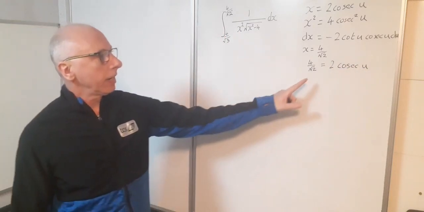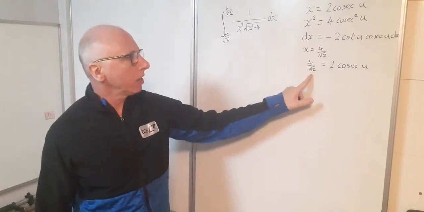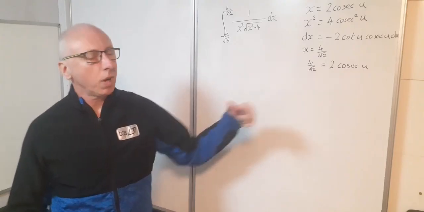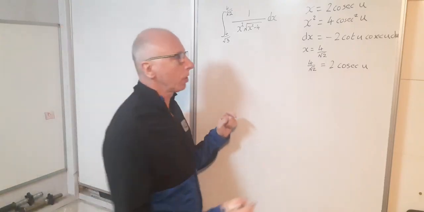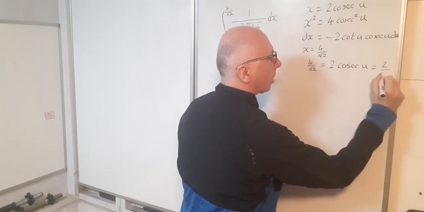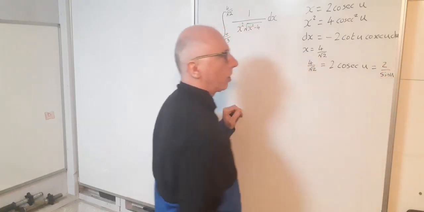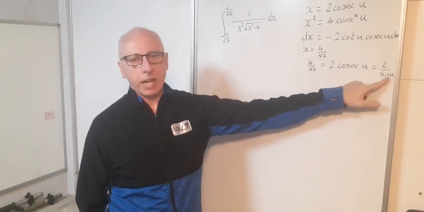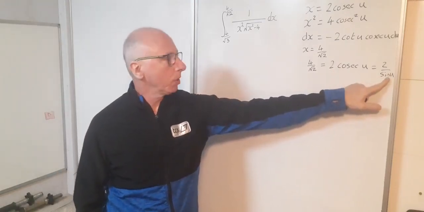So now what can I do here? Well, I can divide straight away both sides by 2, and cosecant of u, I know that that is the reciprocal of the sine function. So that equals 2 over sine u. So I'm going to divide by 2 both sides and introduce this reciprocal here.